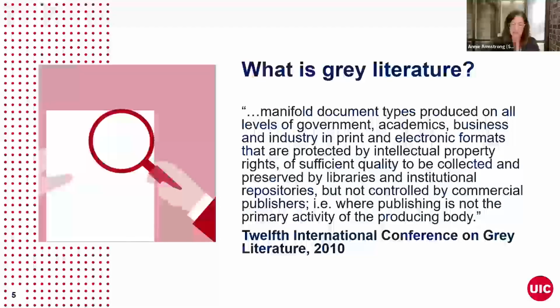Some other terms that are used to describe gray literature are fuzzy literature, fugitive literature, ephemeral. It's harder to track down in many ways. The parameters are fuzzier, and in some ways more flexible than searching peer-reviewed literature.